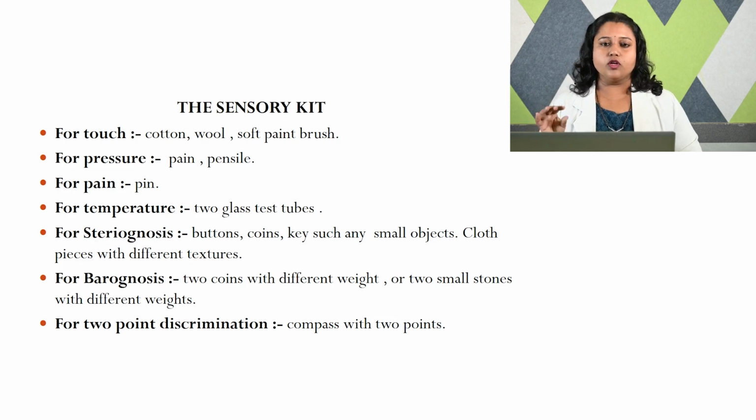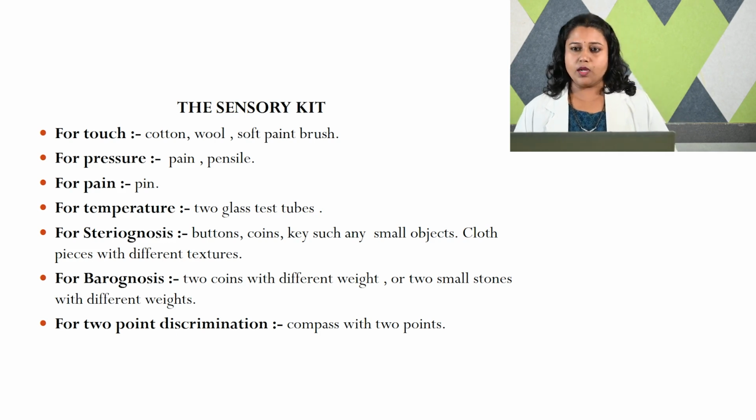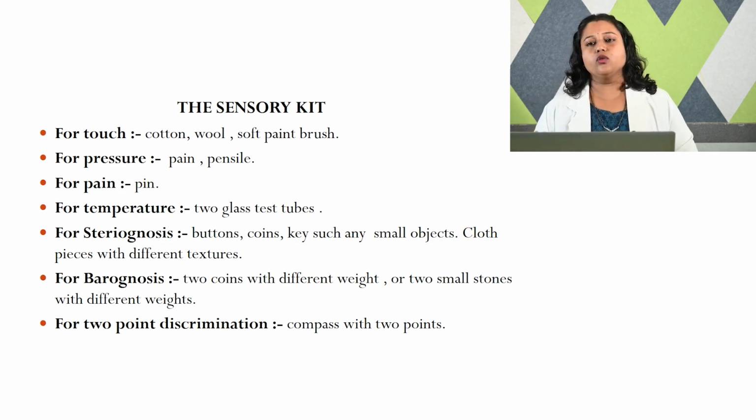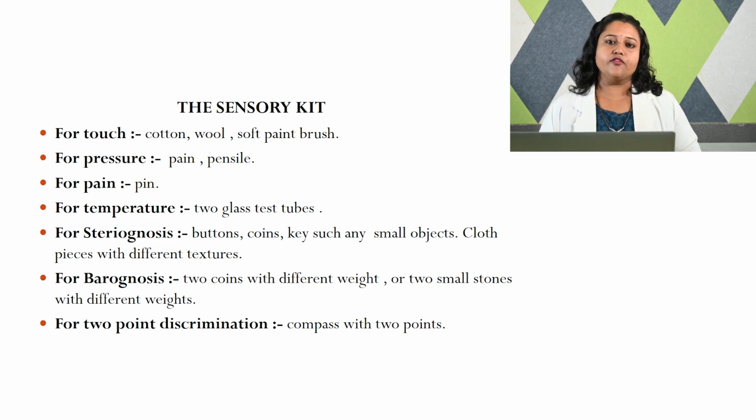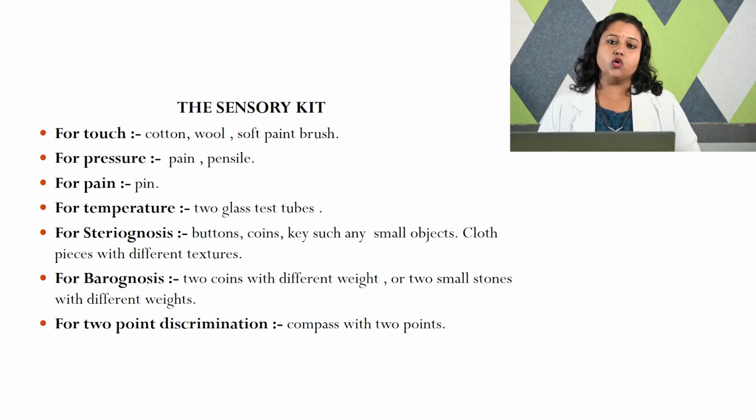For barognosis, you can use 2 coins of different weights but the same size, or small stones of different weights but the same size. And for 2-point discrimination we need a compass with 2 points.